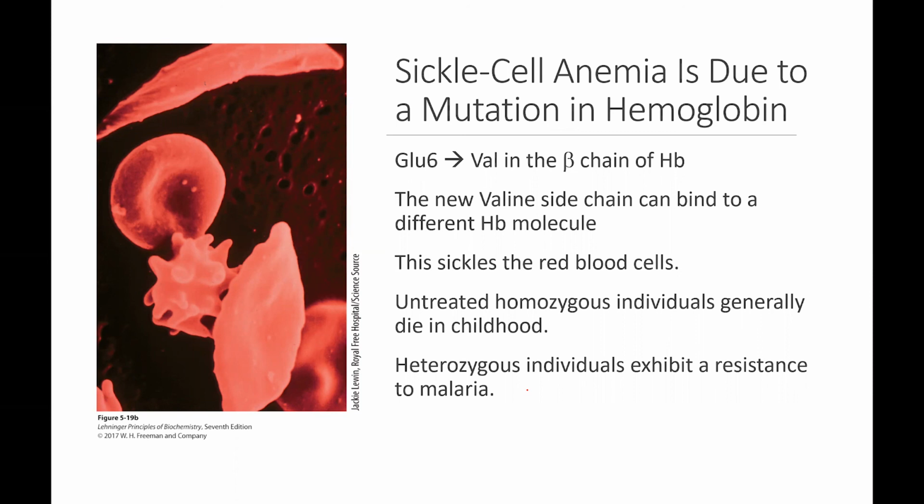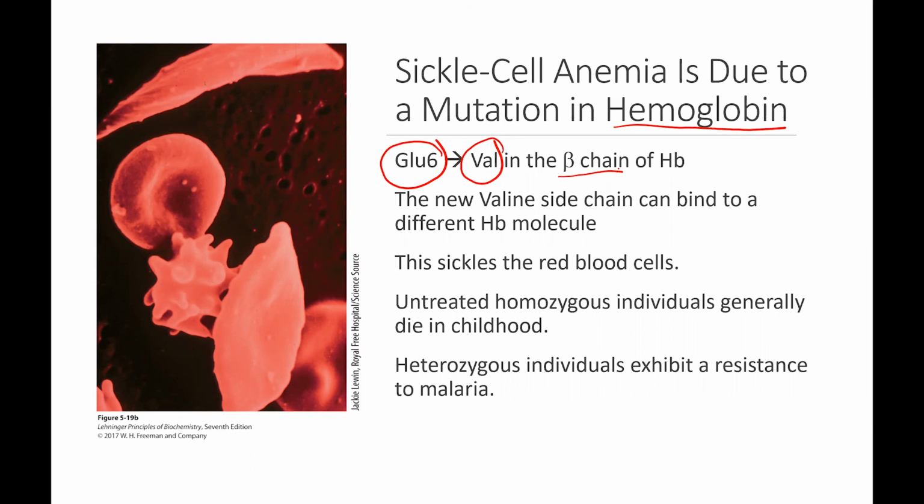Now, sickle cell anemia is due to just a single mutation that affects the hemoglobin protein. It takes glutamate number 6, and changes it to a valine. And remember, glutamate is a negatively charged amino acid, and valine is a nonpolar amino acid. This happens in the beta chain of hemoglobin.